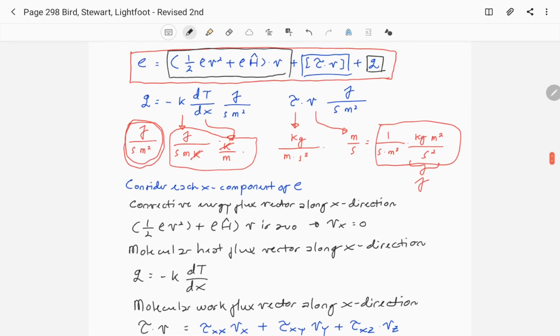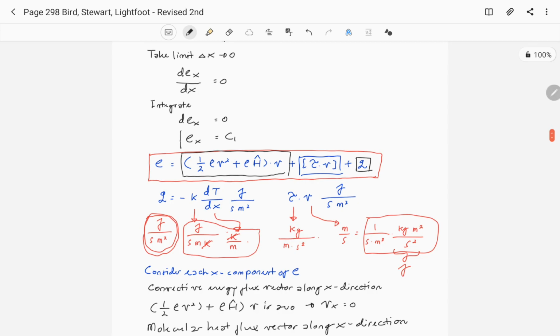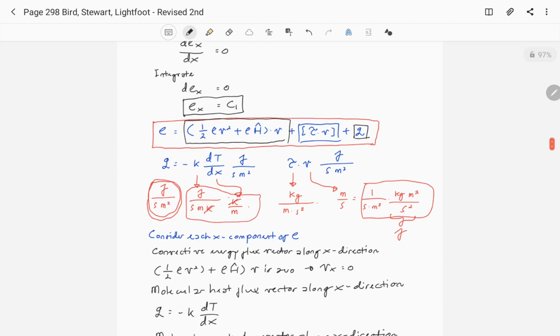Okay, then you go back into your last integrated quantity, Ex is equal to C1.